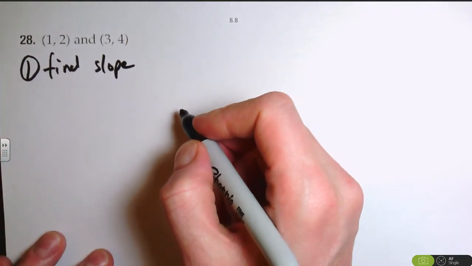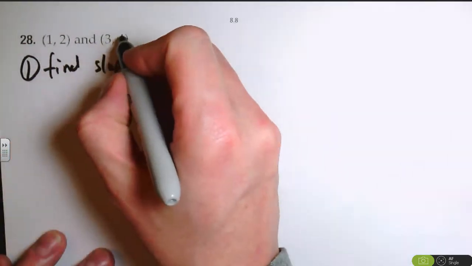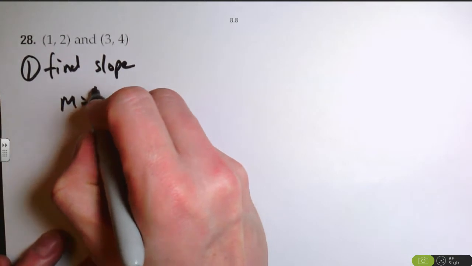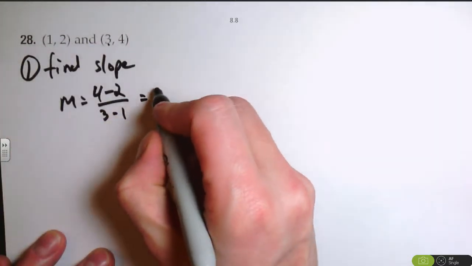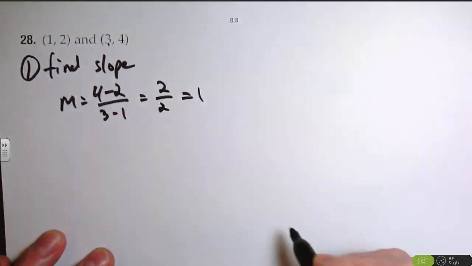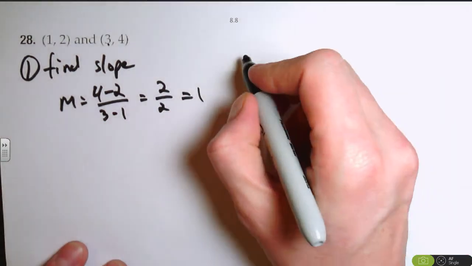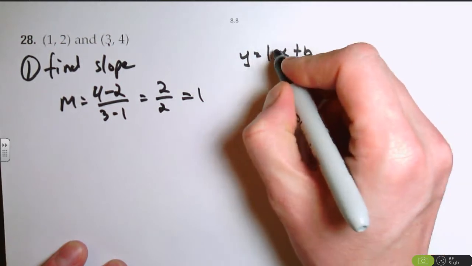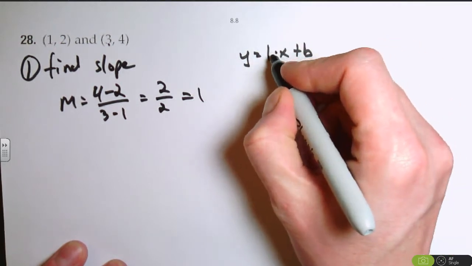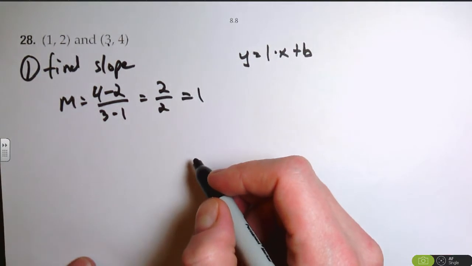So the slope is going to be y minus y over x minus x. So it's 2 over 2, which is 1. So we have a line now that says y equals 1 times x, but we don't know what b is. Now here's the tricky part.